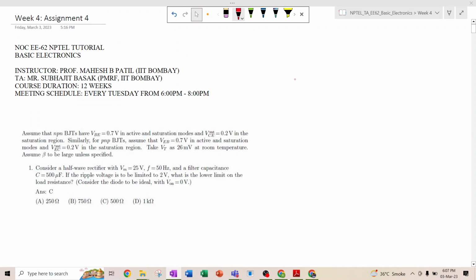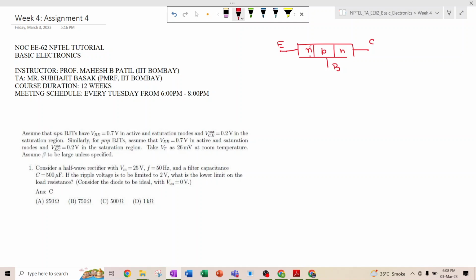So I want to tell some of the things. Suppose there is some BJT, suppose this is an NPN BJT. This terminal is emitter E, this terminal is base B, and this terminal is collector C. So this is basically a three terminal device, and we can see there are two junctions.